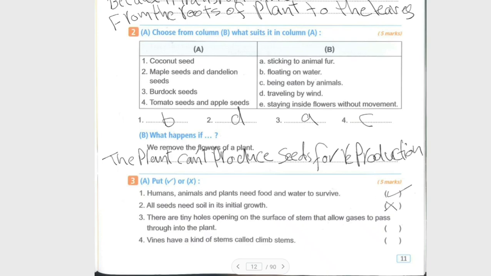Number 3, there are tiny holes on the surface of a stem that allow gases to pass through into the plant. The answer is false. Not in the stem, they are in the leaves. Number 4, vines have a kind of stem called climbing stem. The answer is true.